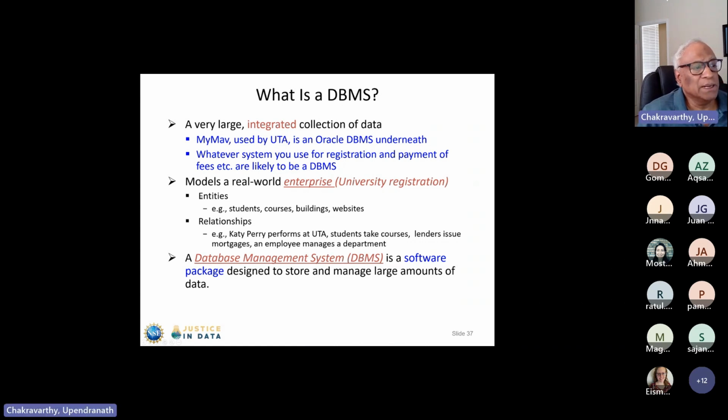And the DBMS typically models a real-world enterprise, in our case, university registration, and it has entities and relationships. We'll come to that. The important thing to understand is a DBMS is software. It's a software package designed to store and manage large amounts of data. That is the beauty of it. Integrated means that you can access multiple pieces of data from one collection. That is also true in a system like GIS or ArcGIS that people use.